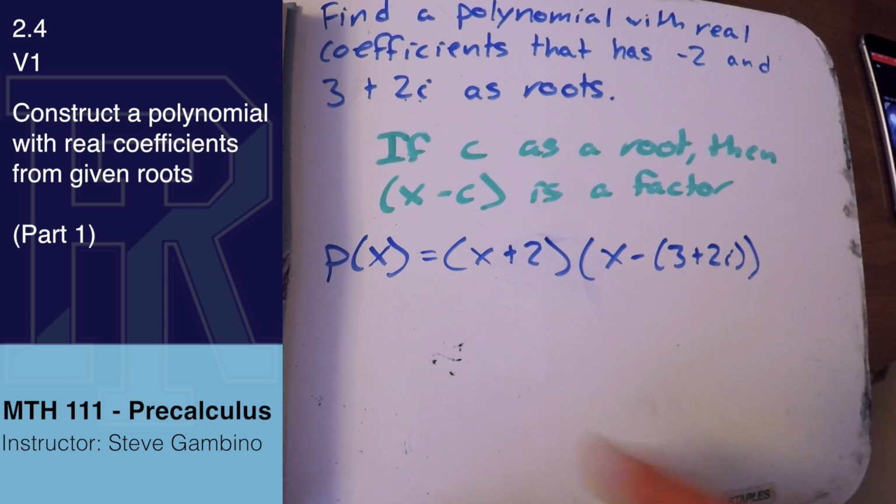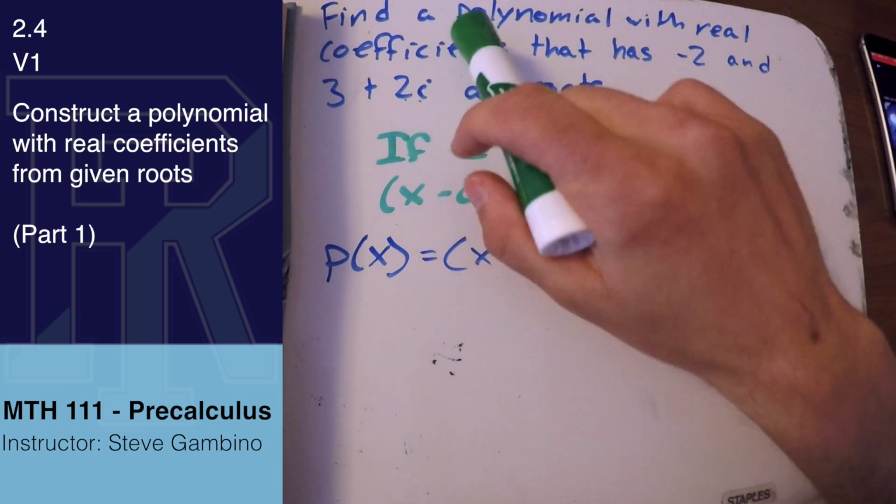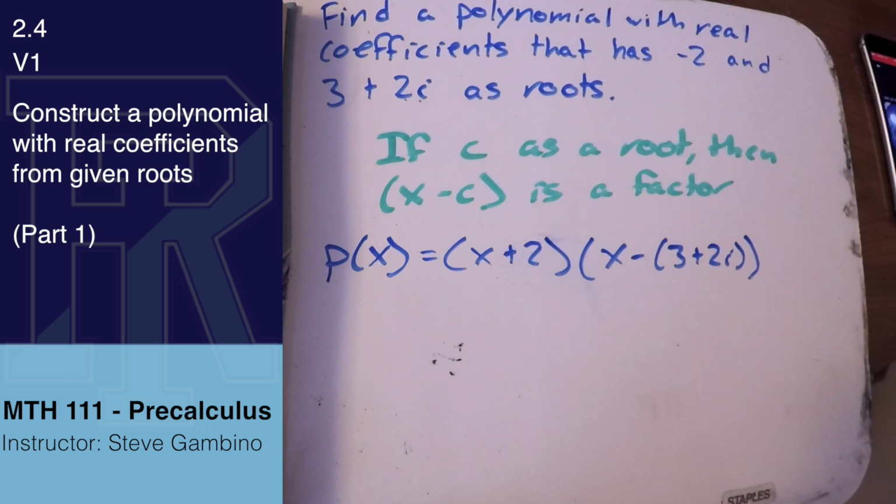However, if we multiply this out, we're going to have some terms with i, some coefficients of x that have i in them. And that's not a real number, so that doesn't fit the stipulation here that we need to find a polynomial with real coefficients.